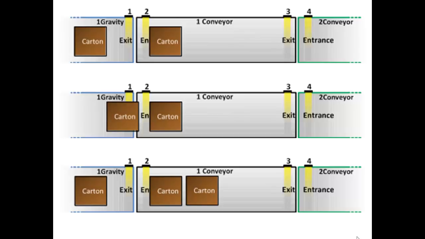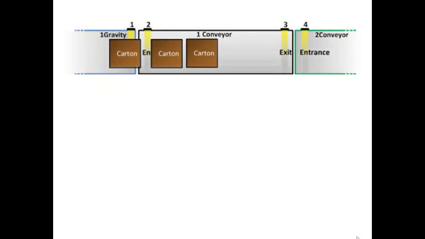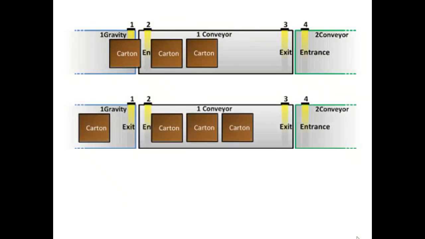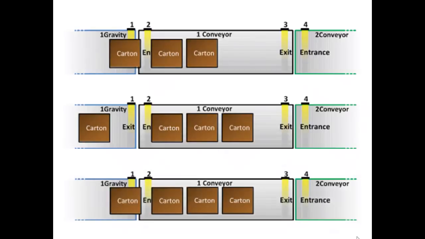Here comes another carton down gravity. It breaks photo I1, comes to rest against stationary one conveyor. However, because there's still space on one conveyor turns on, pulls the third carton through photo I2. In the instant that photo I2 goes clear, one conveyor stops. Here comes another one down the gravity. It comes to rest against one conveyor.